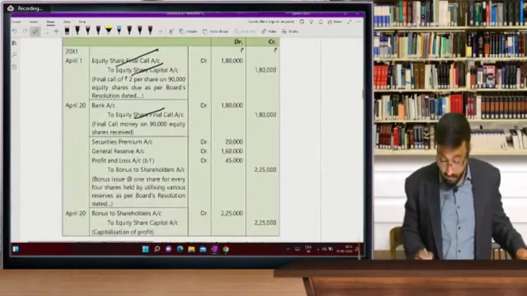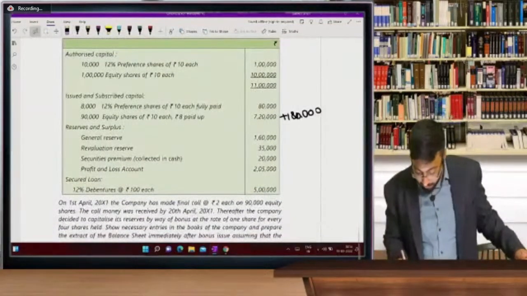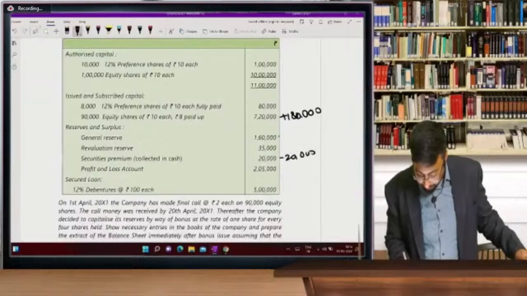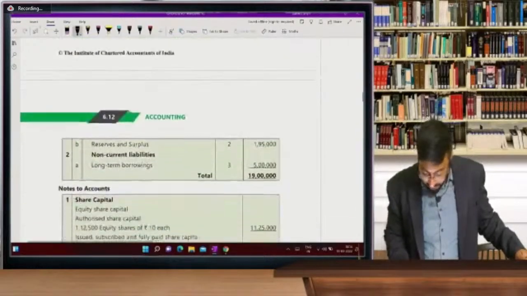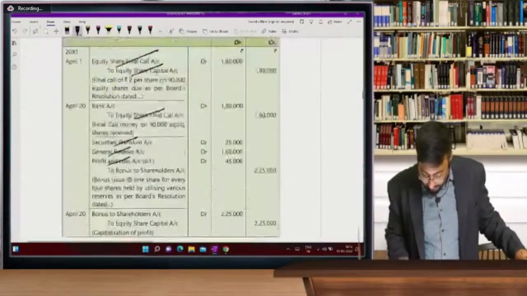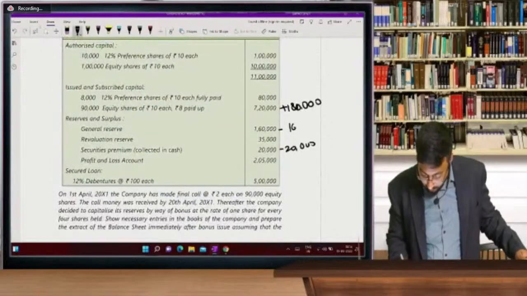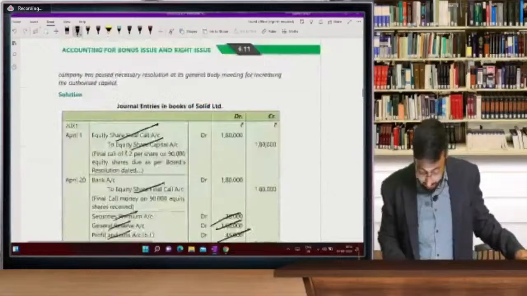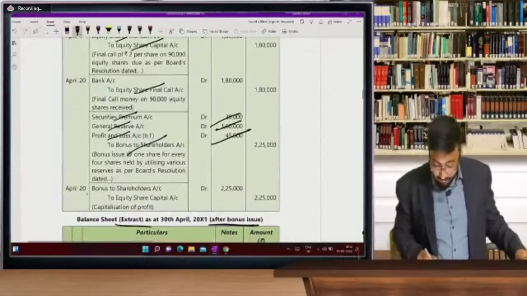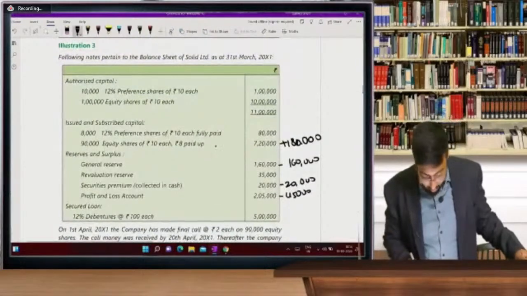Okay. Then securities premium, general reserve and P&L we reduced. So securities premium less 20,000. General reserve we deducted 1,60,000 and 45,000 we reduced from P&L. And beta, last one, bonus is a temporary account that is getting cancelled and capital is increased by 2,25,000.